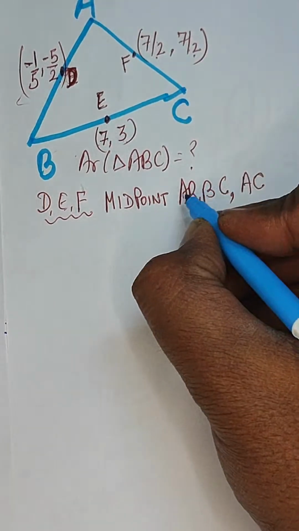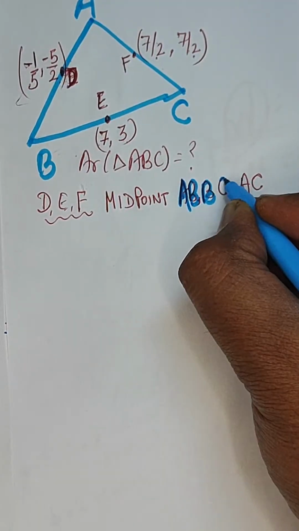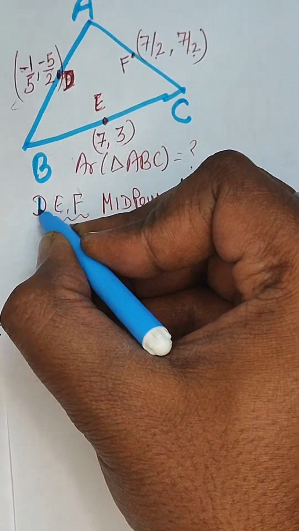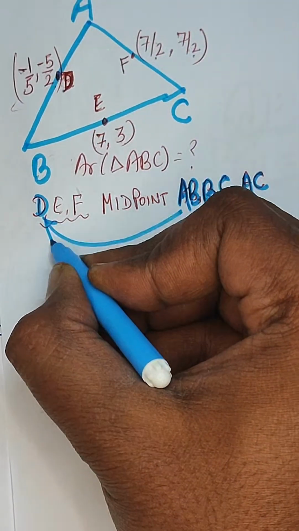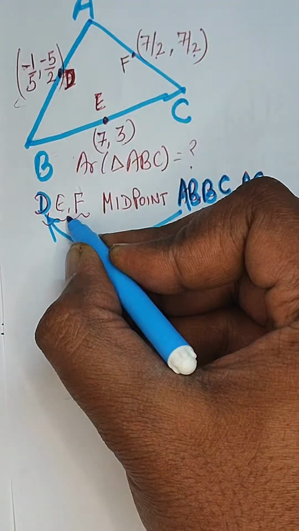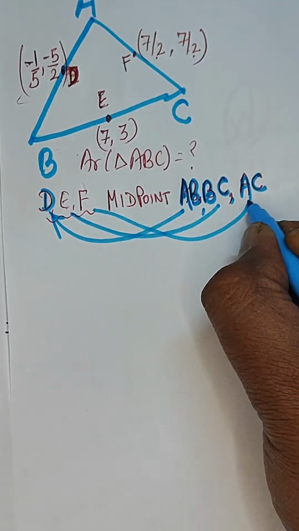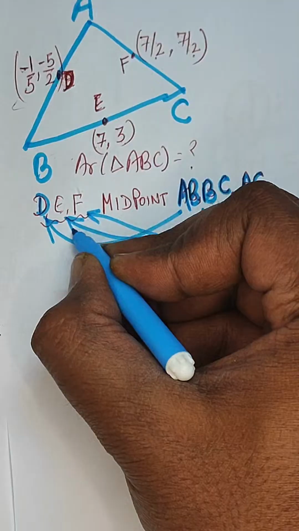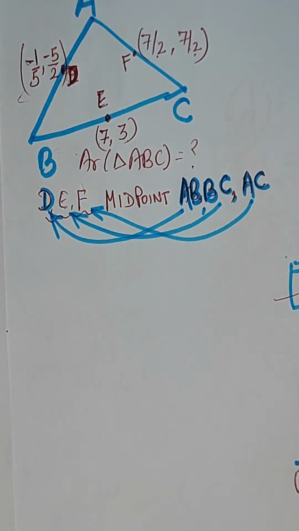D, E, F are the midpoints of AB, BC and AC respectively. Okay, my dear friends? And the coordinates of D, E, F are given to you, right?